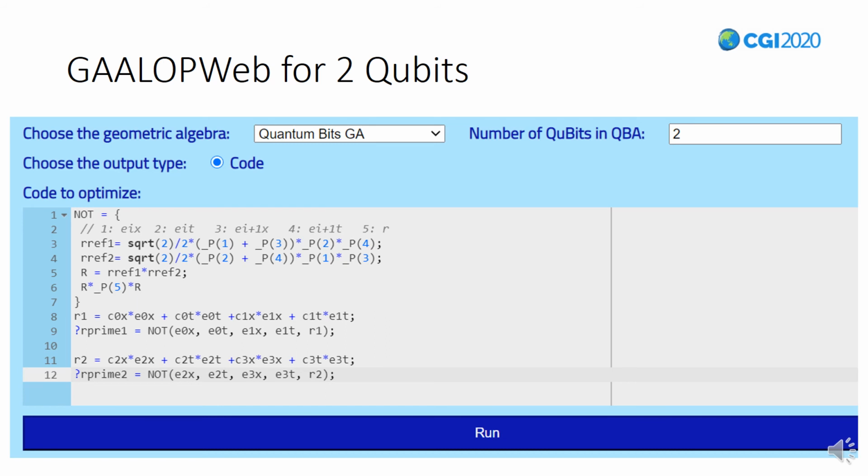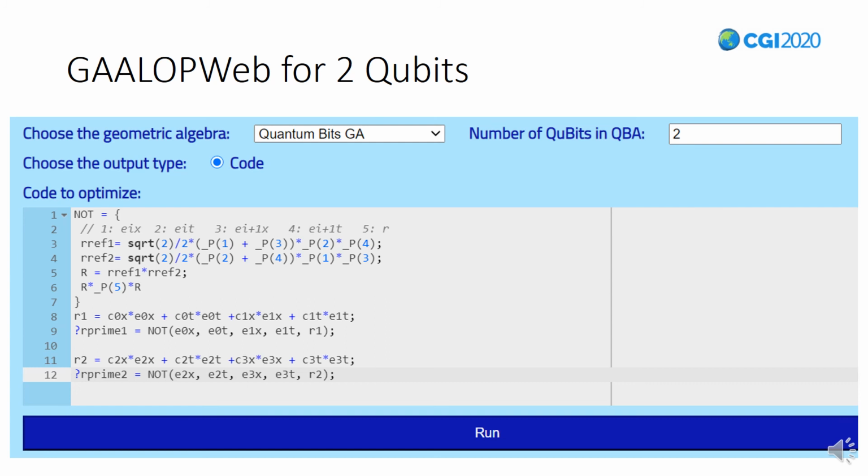For that, we defined the NOT operation as a macro in Gallop script, means the algorithm is the same as before, but now we need some parameters _p1, _p2, _p3, and _p4.